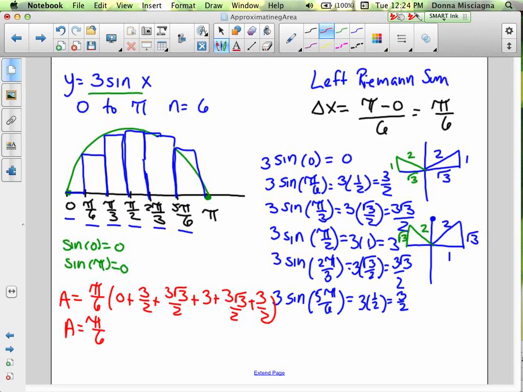The 3/2, 1.5 plus 1.5, that's 3, and that one there is 6. So this one is 6 plus 6 square roots of 3 over 2. We're just going to keep this as the exact answer, so we may as well distribute. The 6's will cancel, so area is pi plus, and the 6's will cancel there, pi times the square root of 3 over 2.